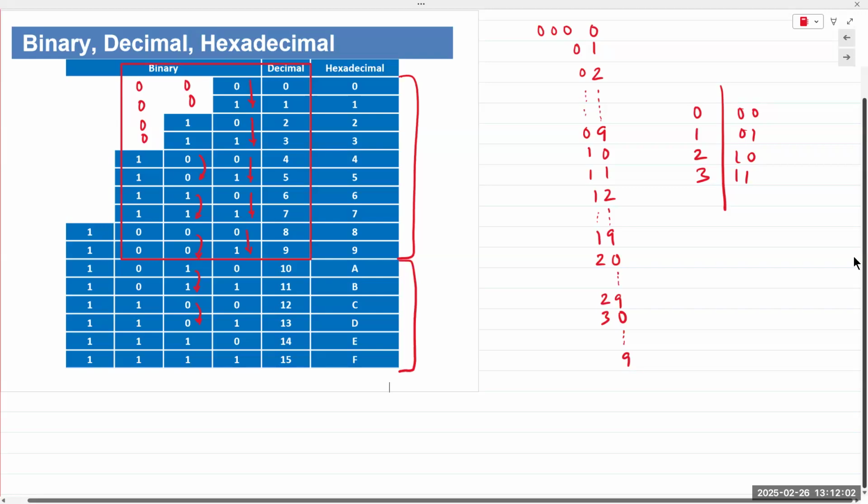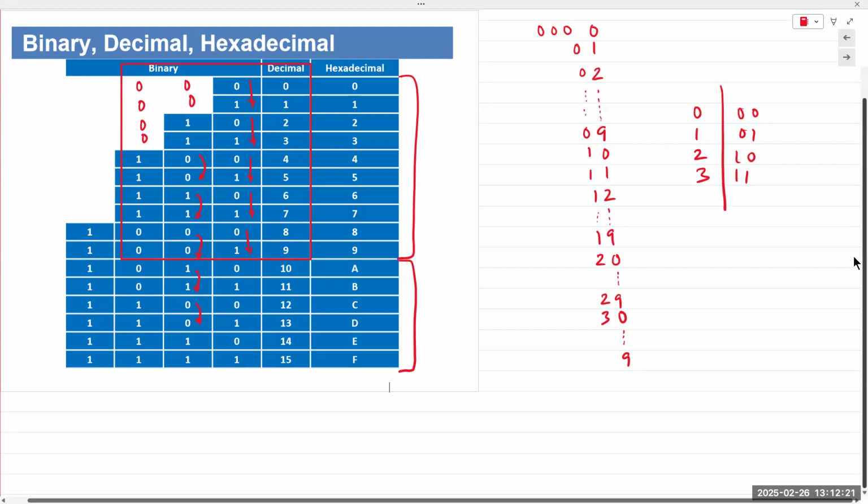Hexadecimal number systems were devised as a way to represent binary numbers with fewer characters and fewer digits.